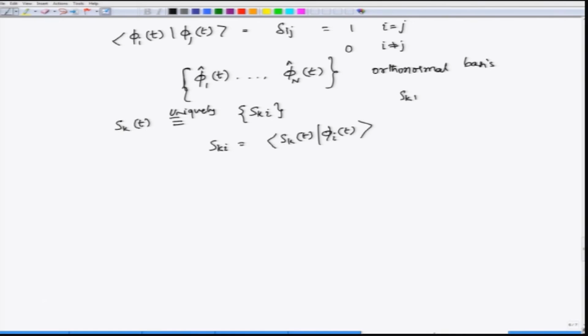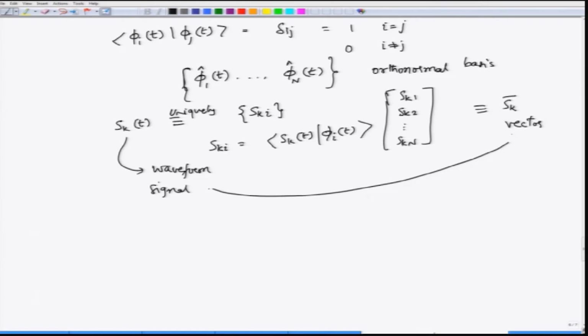This would be sk1, sk2, all the way up to skn. If I arrange them in the form of a column vector, I can write this in shorthand notation as sk bar, which will now be a vector. So, sk(t) is a waveform or a signal which has now been represented as a vector.